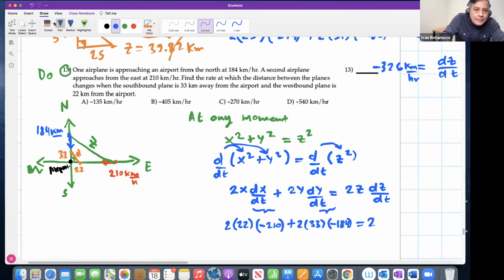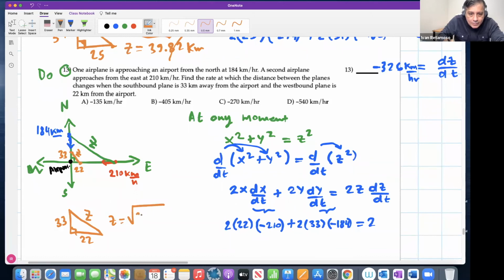Z apparently is unknown, but in reality, z could be found because z is what corresponds to the hypotenuse when this leg is 33 and when this leg is 22. And that z can be found by using the theorem of Pythagoras, right?